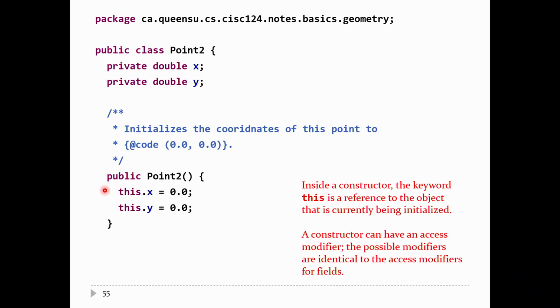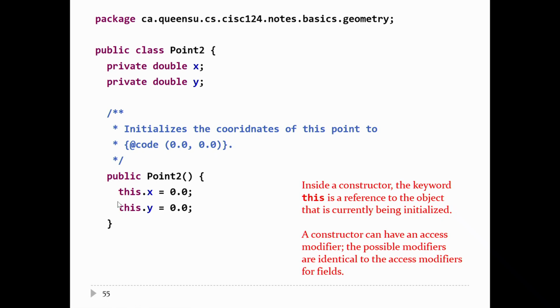The word this actually has a very specific meaning inside of a class. Inside of a constructor, the word this is a reference to the object that's currently being initialized. So what does that mean? Remember, when is a constructor called? You write new and the constructor. New makes the object, that's the job of new.